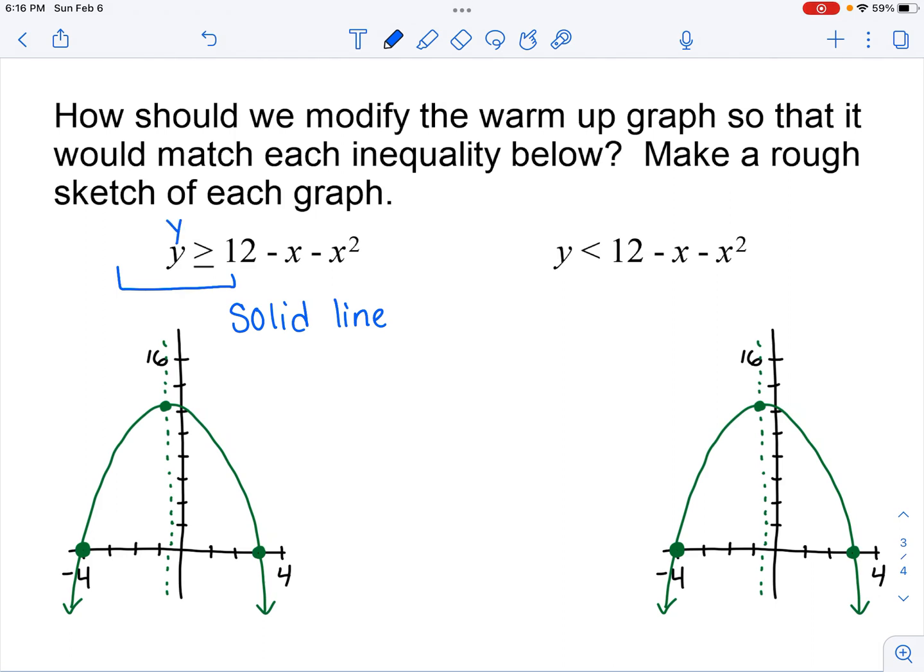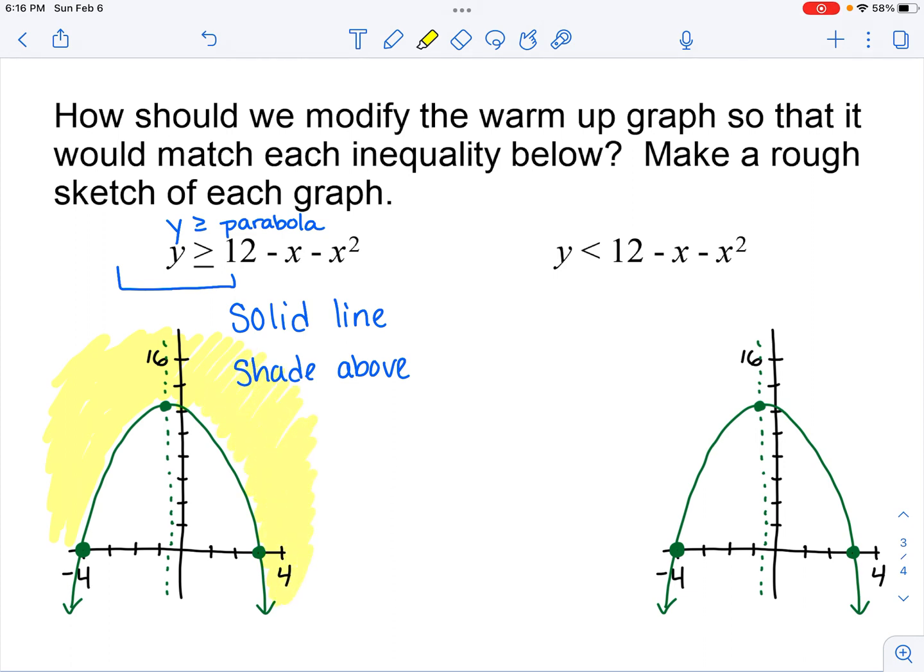Okay, so y is greater than or equal to the parabola is how I read this, okay? The equal to means solid line. Greater than or equal to means shade above. So I don't have to change the line itself because it should be a solid line, but I do need to shade now. So I'm going to shade above. So that's going to be everything up on the outside of the parabola is going to get shaded.